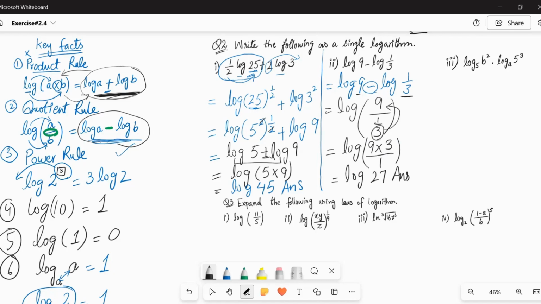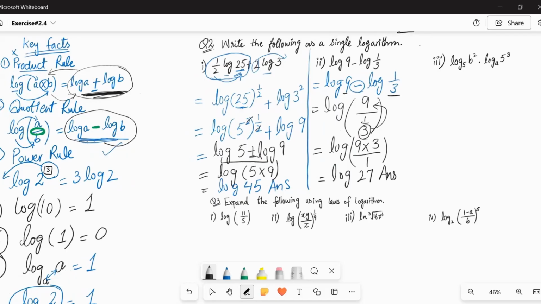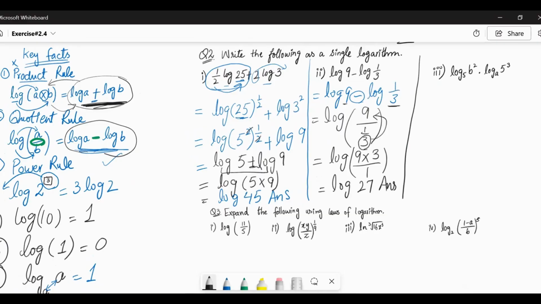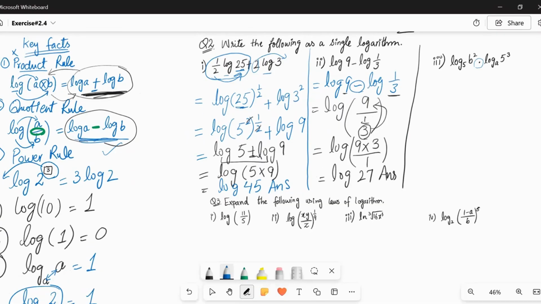Okay, now let's see part 3 of question number 2, which says log with base 5 b square, and this dot basically means multiply. इस डॉट का मतलब है कि ये मल्टीप्लाई हो रहा है, ठीक है. And log with base a 5 cube. Okay, so first of all, सबसे पहले तो हम पावर रूल अप्लाई करेंगे यहाँ पे, ठीक है. ये वाली पावर भी log से पहले शिफ्ट हो जाएगी और ये वाली पावर भी log से पहले शिफ्ट हो जाएगी.